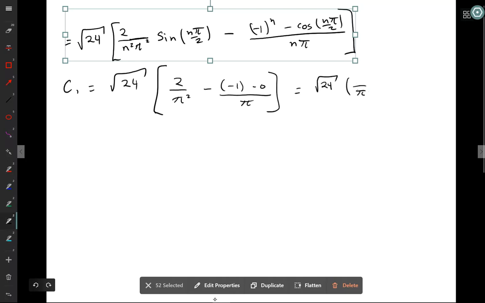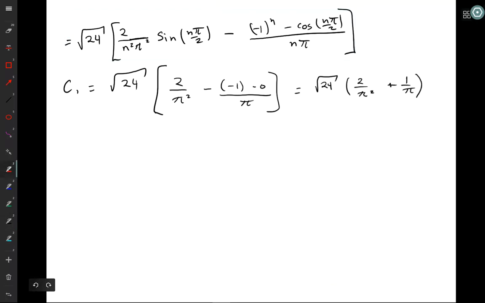So that should be C1 if I made no errors. I can't verify that I made no errors. I don't think I did, but I could have.